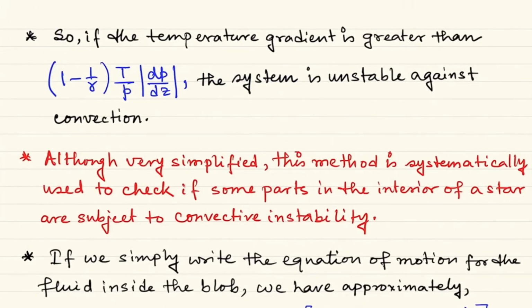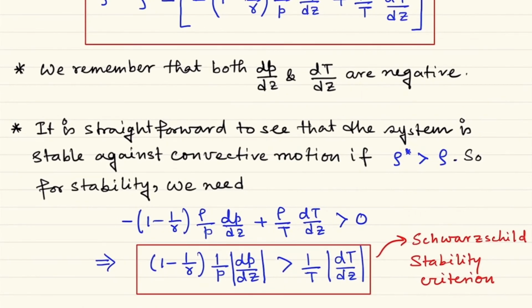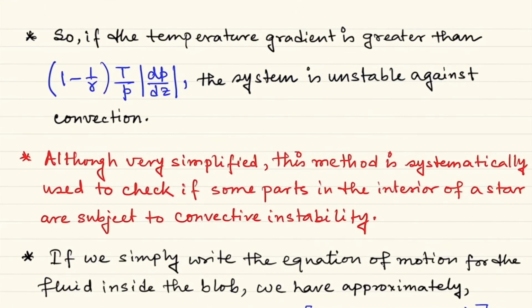Now you see that basically this is an interplay between dp/dz and dT/dz. When dp/dz overshoots dT/dz, then we have stability. When dT/dz overshoots dp/dz, then we have instability. So if the temperature gradient is greater than this value, this is the critical value of the temperature gradient for which the system can just retain its stability.